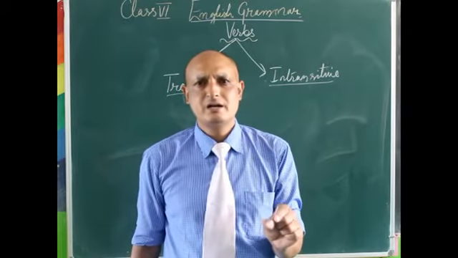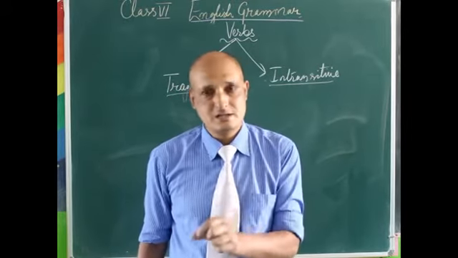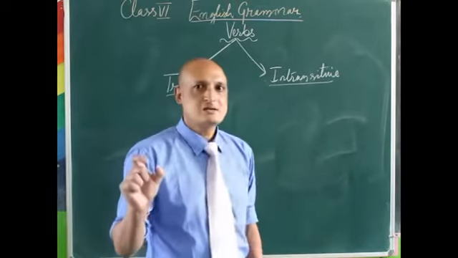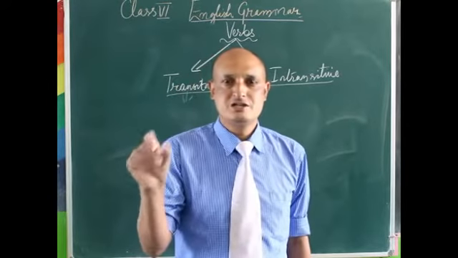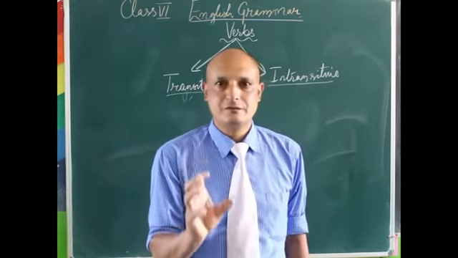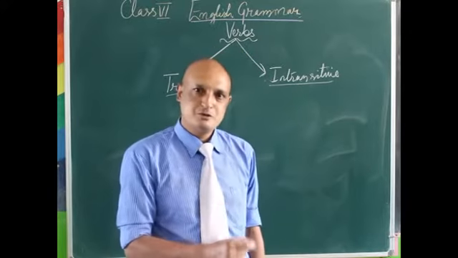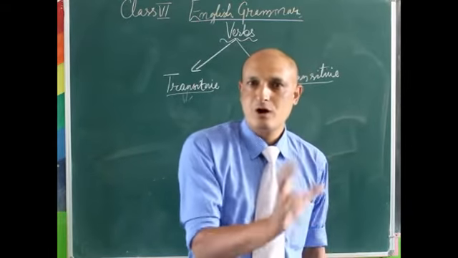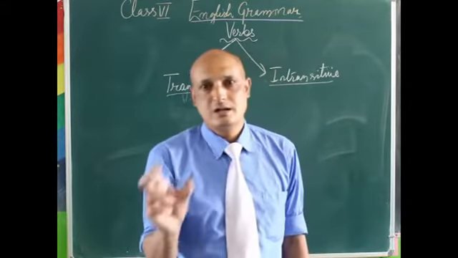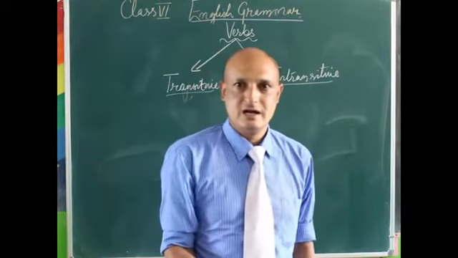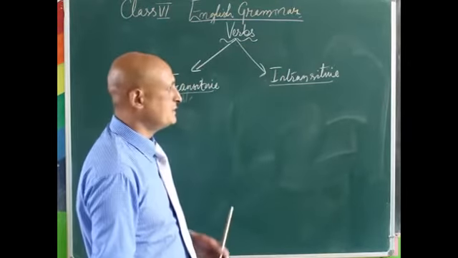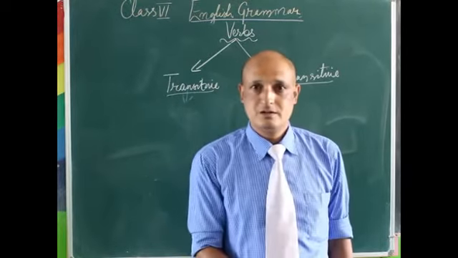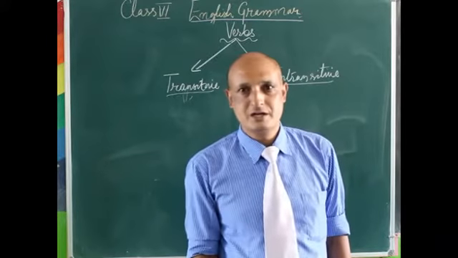Simple, just ask the question what to a particular verb in a sentence. Once you put the question what to the verb and you get an answer, such as ball, letter, dog, etc., then that verb in the given sentence is called a transitive verb because it requires an object.